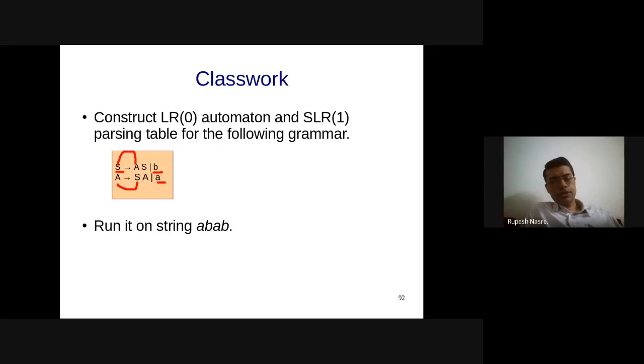Okay, Nishchit says 5. Any other suggestions? So how many items are there in I0?